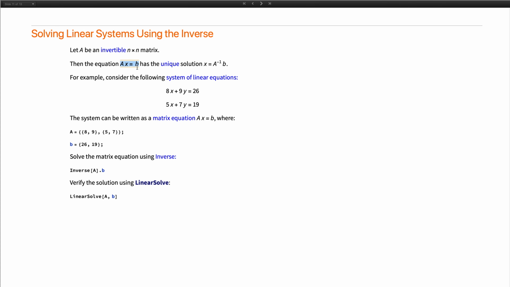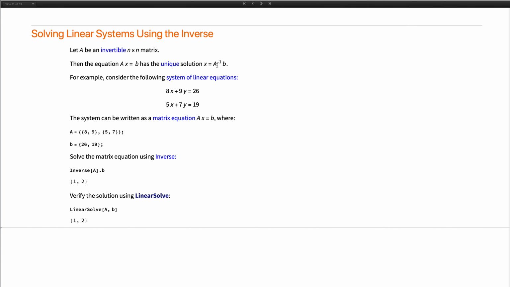You simply divide by A, and that's done by A inverse over here. So let's say you have the system over here, and you form the matrix A of the coefficients, so 8, 9, 5, 7, and the matrix B, which is the right-hand side. Then you do inverse of A dot B, you get back the answer, 1, 2, and you can check the answer with linear solve, and you get back just the same result.